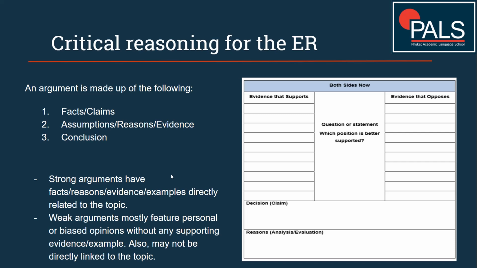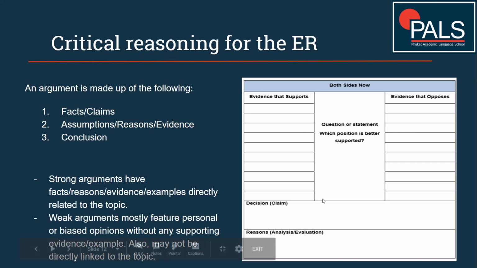And when you do a past question for the extended response, you'll clearly see, if you use a table like this, that one of the articles is better supported than the other. Okay, so you have to be able to evaluate the evidence in this way and then write about it in the essay itself.